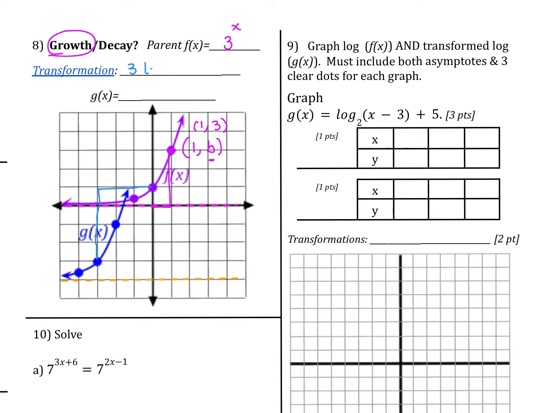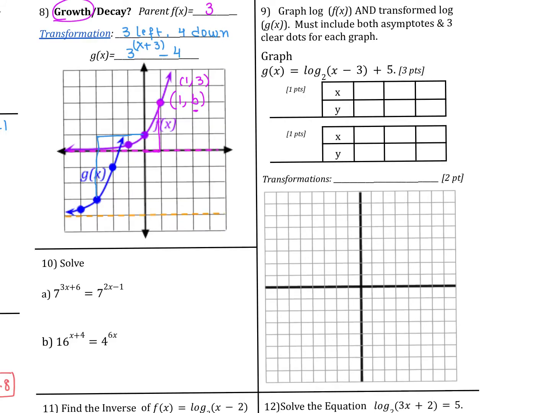So 3 left, 4 down, and that is your transformation. And g(x), which is your graph, is 3 to the power x plus 3 minus 4. That is going to be your equation of the graph of g(x).